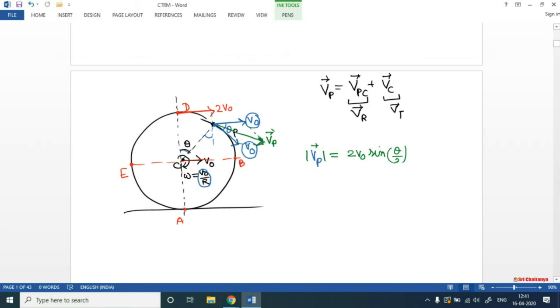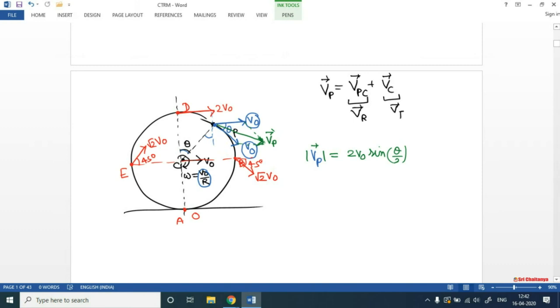The velocity of point A will turn out to be equal to 0. The velocity of point B will turn out to be in this direction, and that would be equal to root 2 v naught. And the velocity of point E will turn out to be in this direction, that would be root 2 v naught. This angle here is 45 degrees as well, and this angle here is 45 degrees as well.